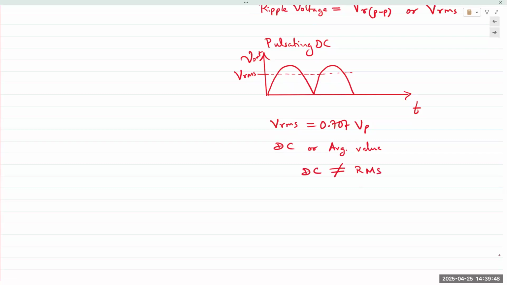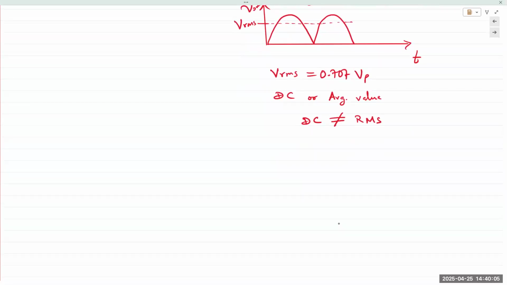Okay, DC is not the same as RMS. The DC value is obtained by simply integrating the entire waveform over one time period and taking the average. And hence, if you try to find the average value, the DC value of a sine wave, it turns out to be 0. But RMS value will not.